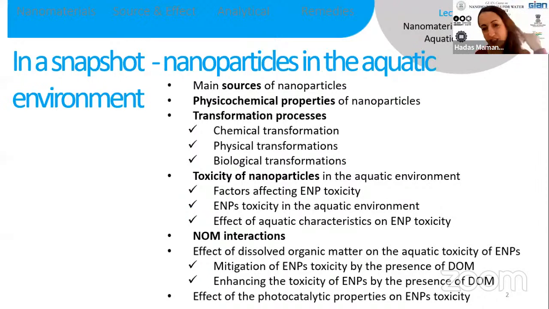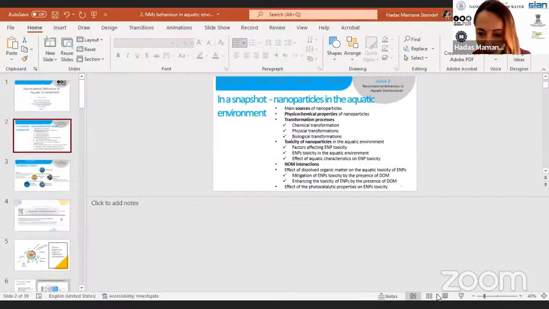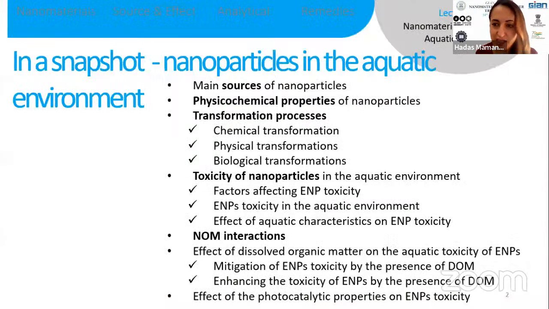Another is the physicochemical properties of the nanoparticles. Then we have the transformation processes. Also, chemical transformations, physical transformations, biological transformations, and these were discussed in the morning with Dr. Ram, and I'll also present a few issues related to that.